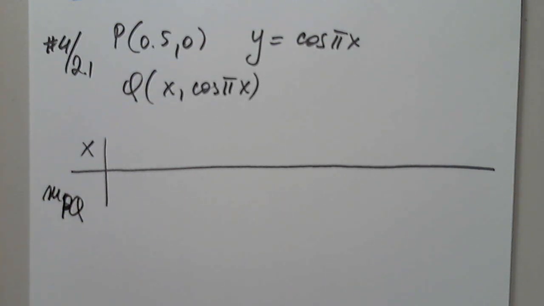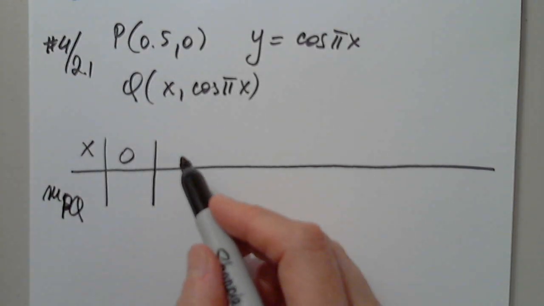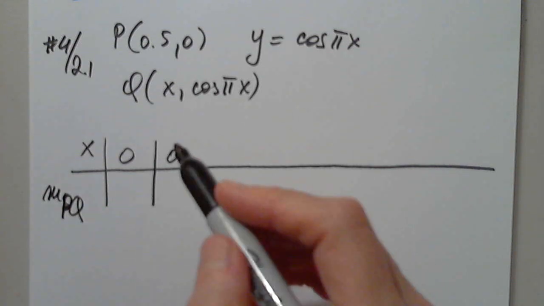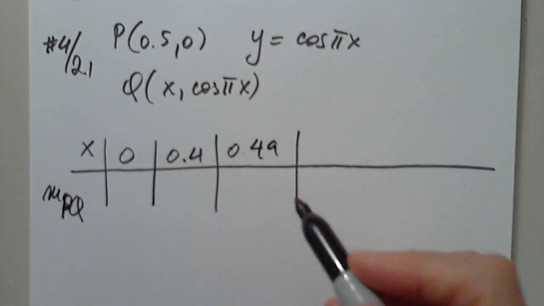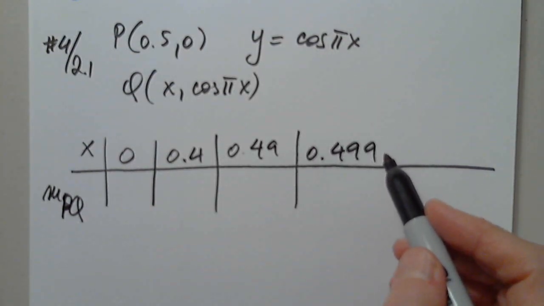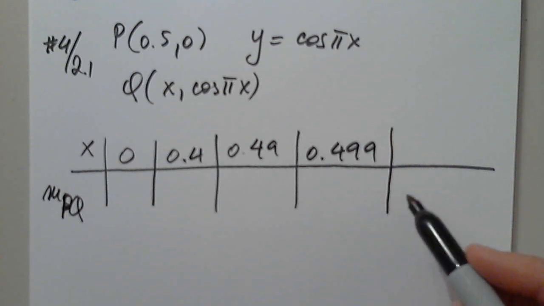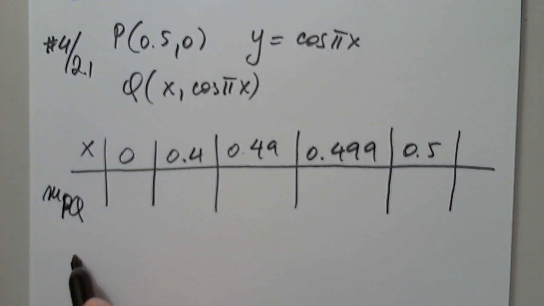In the correct order: 0 is first, then 0.4, then 0.49, then 0.499. Then I'm going to leave some space for 0.5.